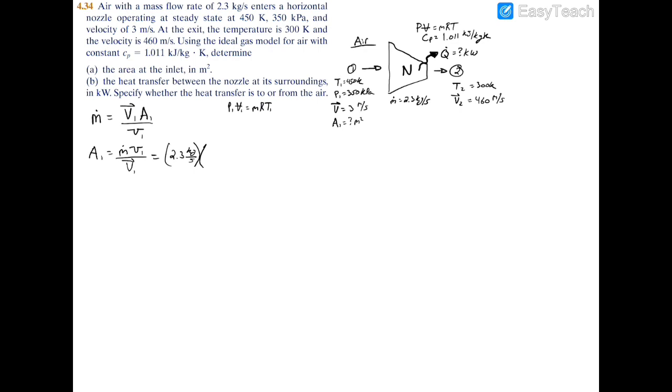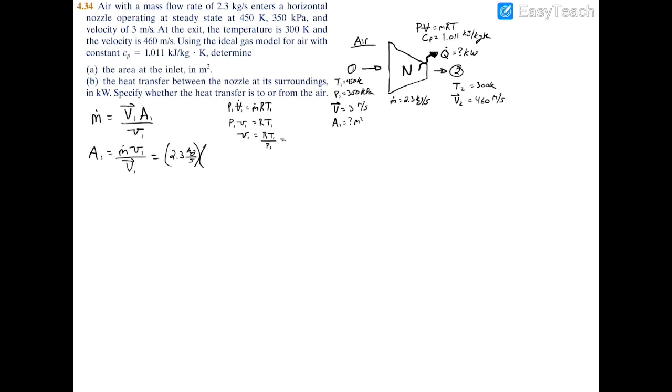But if you divide both sides by the mass flow rate, you'll actually have that P1, these are flow rates, so I should have the dot up top. We'll have P1 v1, little v1, equals RT1. Now, rearrange for your specific volume. You'll have v1 equals RT1 divided by P1. And now we can figure this one out.